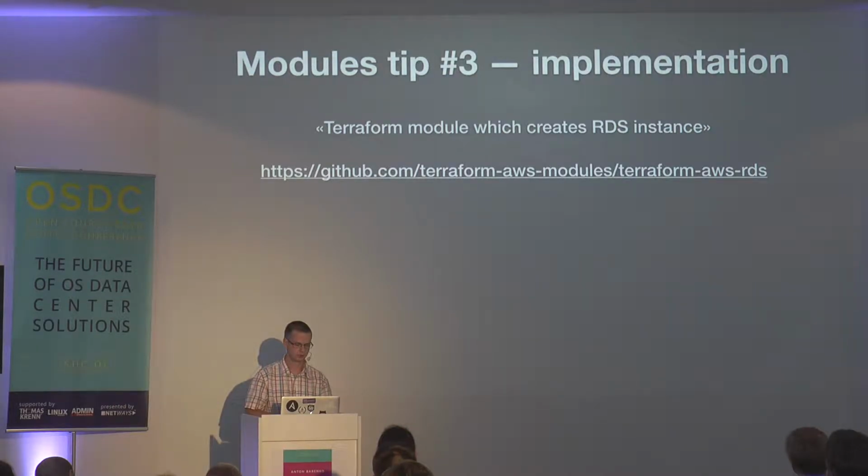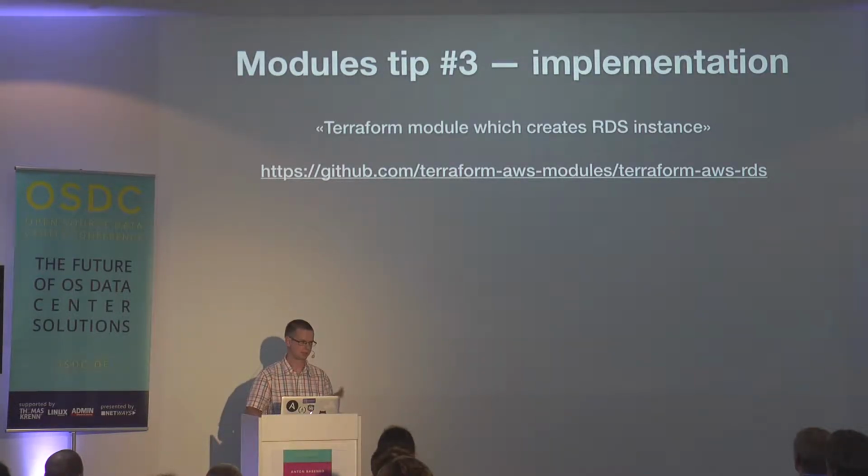So if you make a module which is creating a relational database service instance, then it has to do that. And users should not know internally that you are actually making 25 calls to different resources and making them conditionally and so on.